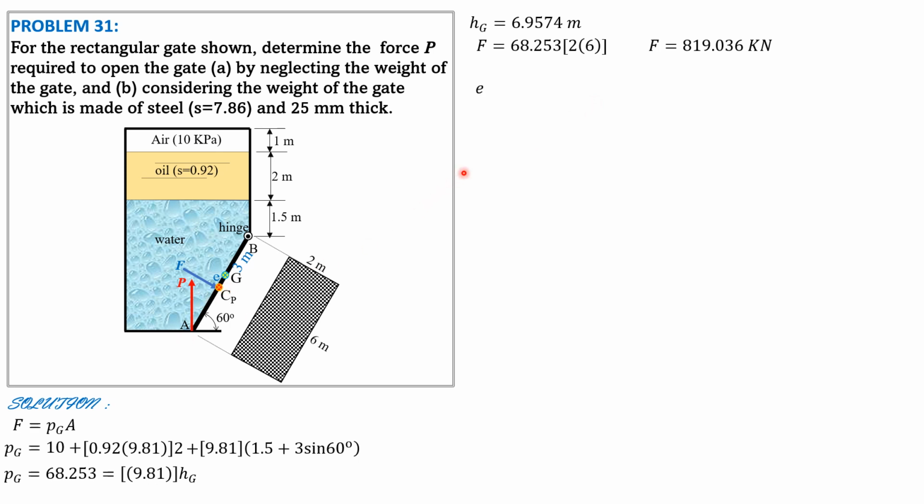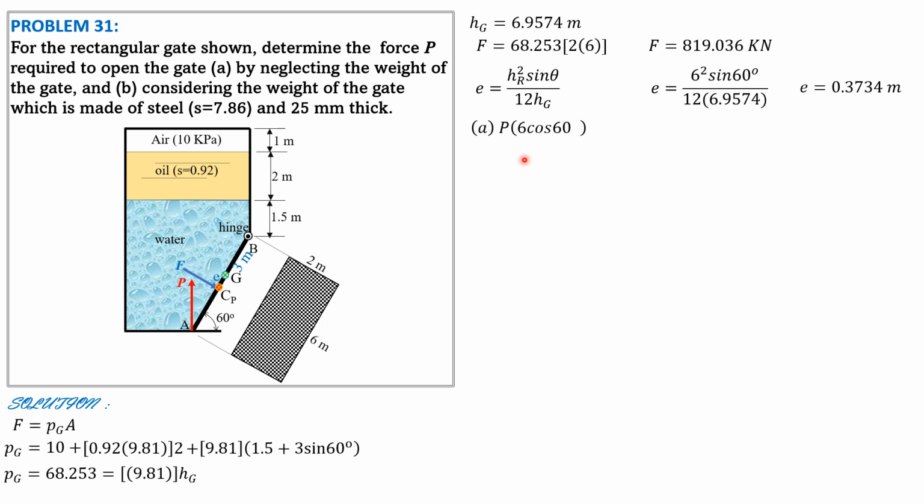Then let's solve for E. E is height of rectangle squared times sine of theta divided by 12 Hg. So height of rectangle is 6, so 6 squared times sine of 60 degrees over 12 times 6.9574. Solving for E is 0.3734 meters. Then summation moment about the hinge equals 0.